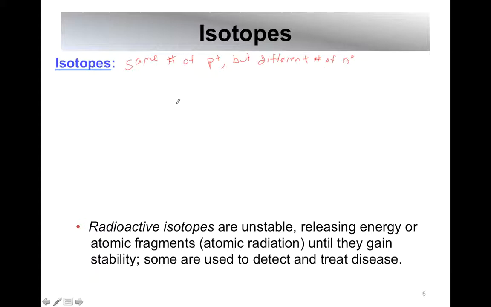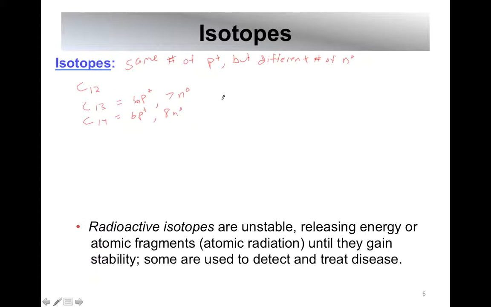So for example, for carbon, we have our natural carbon. We have carbon 13, and carbon 13 has 6 protons, just like regular carbon, but then it has 7 neutrons. Carbon 14 has 6 protons because it's carbon, and 8 neutrons.